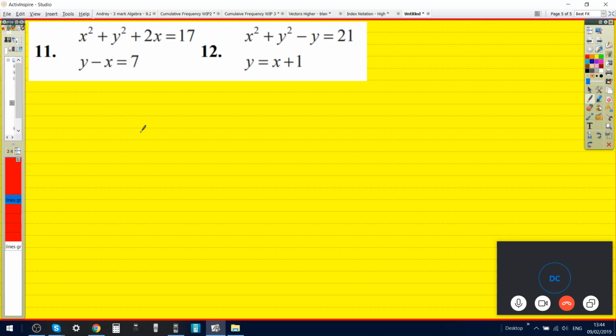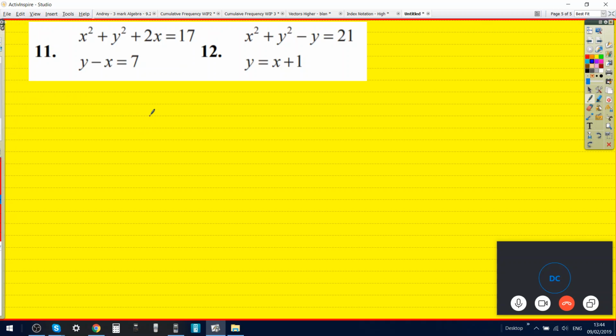The problem is you still have a mixture of x and y. With the previous ones it was something like y equals or x equals on the bottom. Rearrange the bottom one so that you have one thing as the subject. Whichever one you find easier. Right, let's go for y then.